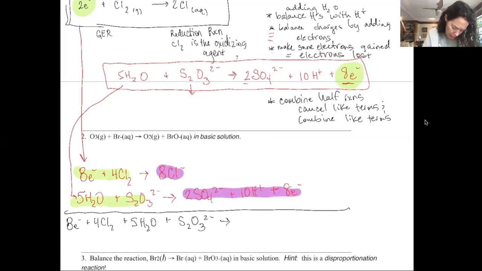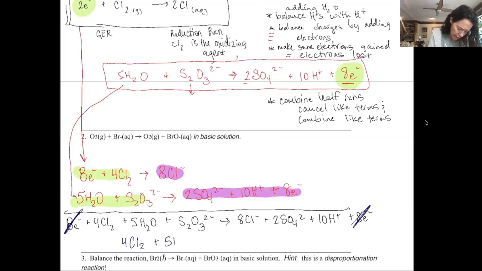All right, 8 chlorides plus 2 SO4 2 negatives, plus 10 hydrogens, plus 8 electrons. Right, now we're going to cancel like terms. Your electrons should always cancel because electrons gained should equal electrons lost. I have no more like terms here. So my balanced redox reaction is what is left over.